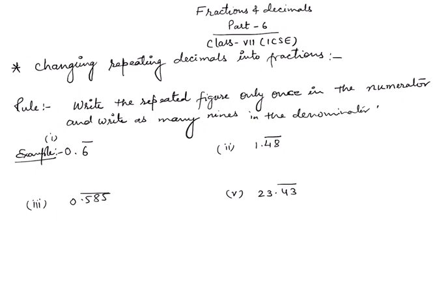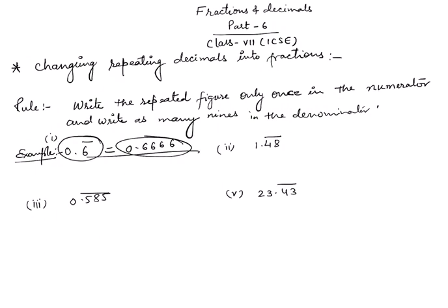Here are some examples. After the examples, you will be very clear about this. Take the first example, 0.6 bar. It means 0.66666, this is only for explanation. You can take this part only.